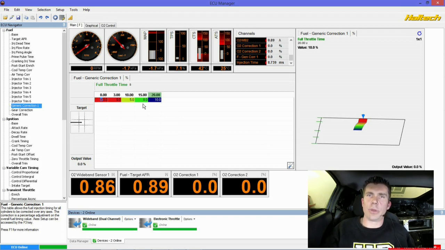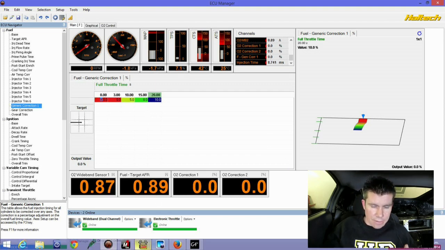We can just add a little bit of additional fueling in there, using this full throttle timer, to help safeguard the engine. Now, while I'm at it, I just wanted to show you in a couple of different systems how we can do that as well.